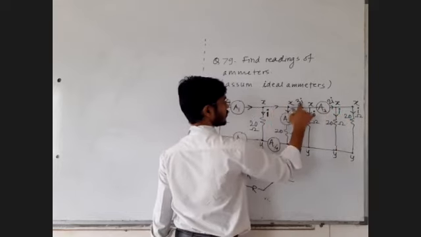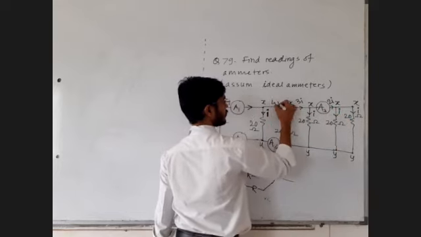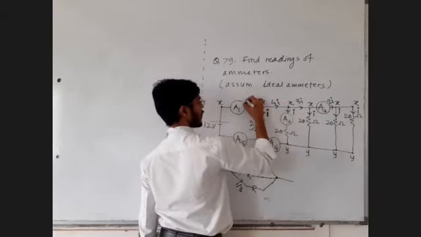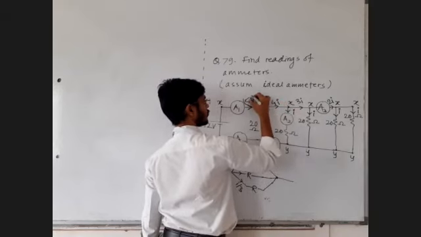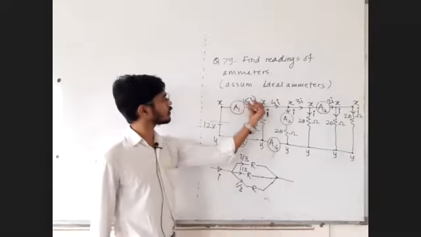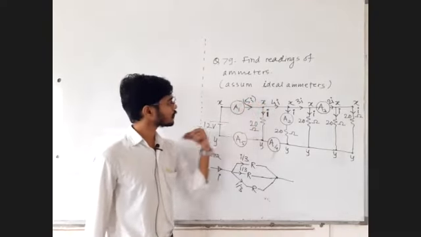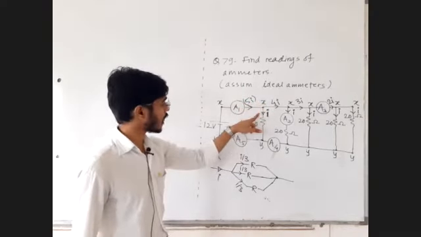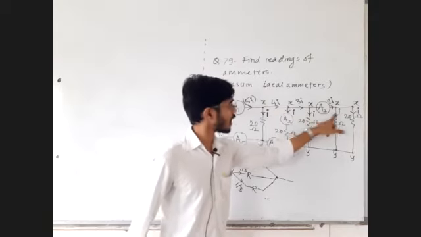Here the current must be 3I plus I, that will be 4I. 4I plus I, that will be 5I. This is the total current from the battery, 5I.